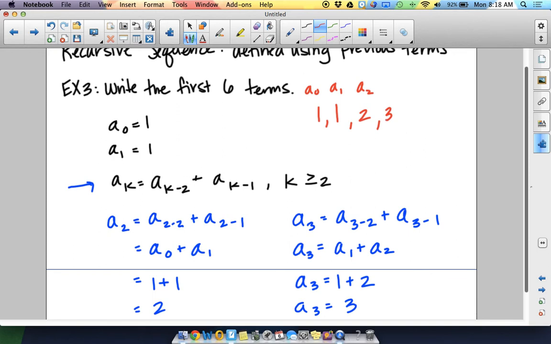Hopefully at some point you realize that. So what's the next term? And then the next one? And what spectacular special name is this? It's the Fibonacci sequence. Have you heard of it before? The only way that you can define the Fibonacci sequence is by using these recursive formulas.